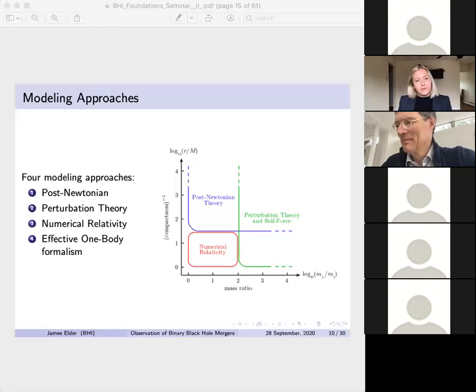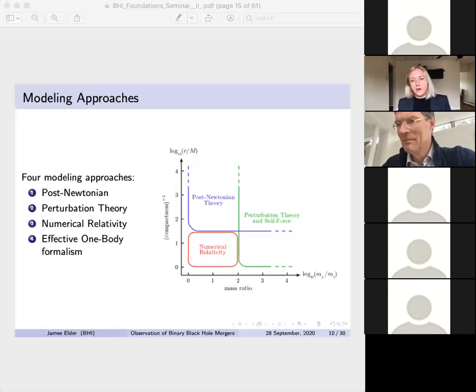Black hole perturbation theory is another useful tool for modeling compact binaries, but especially with extreme mass ratios, because in this case you can model the motion of the smaller object by basically introducing perturbations in the background metric of the larger object.